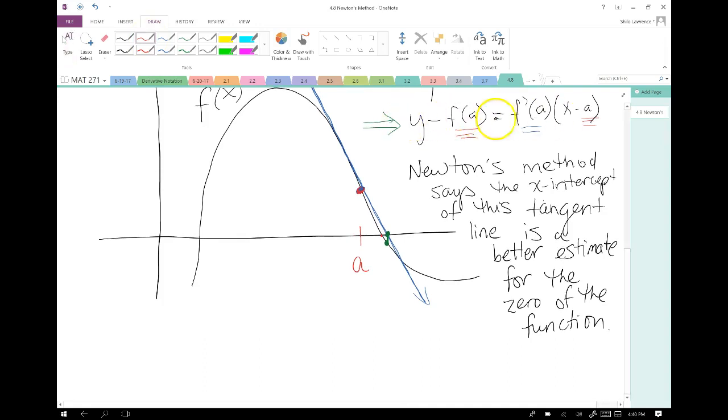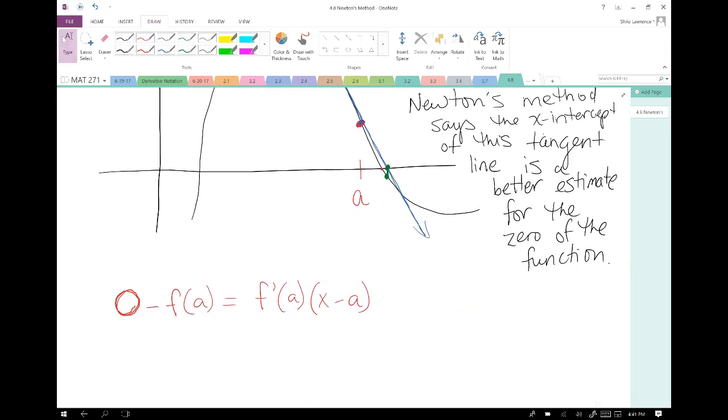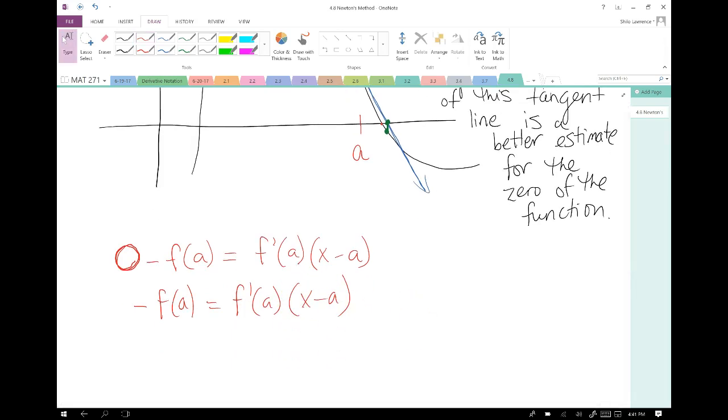So if I take that exact equation and say y equals 0 and leave everything else the same, and solve for the x, I will have negative f of a equals f prime of a times x minus a. So to solve this for x, I need to divide over that f prime of a.